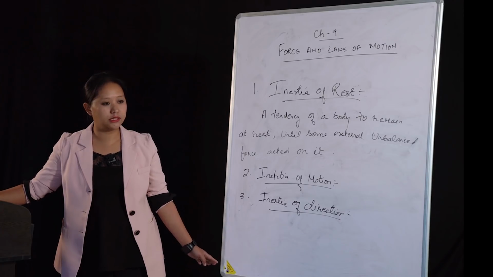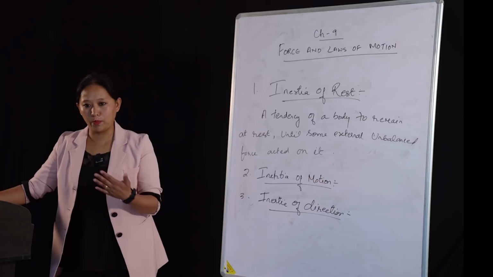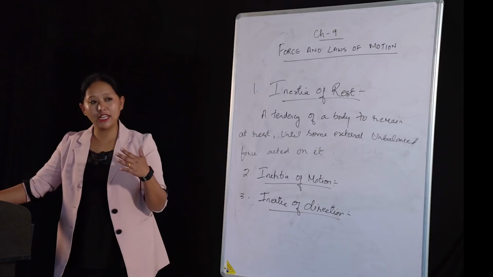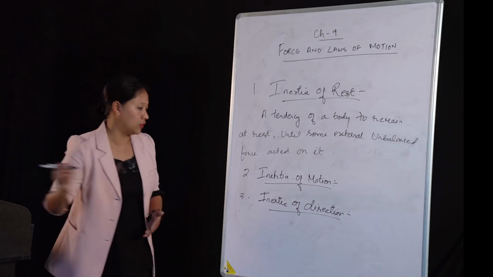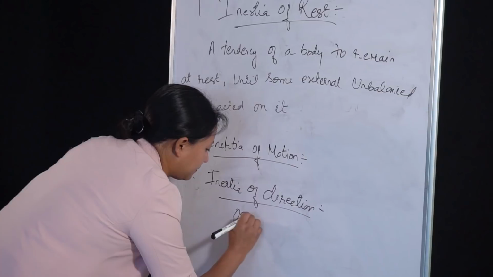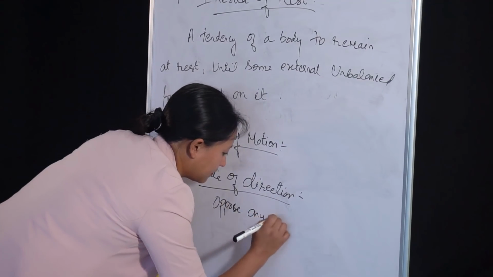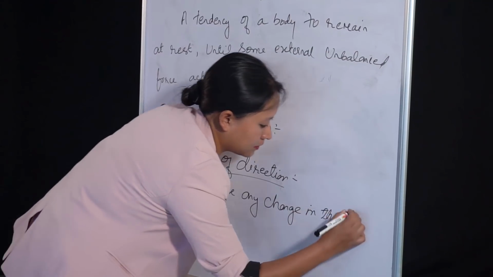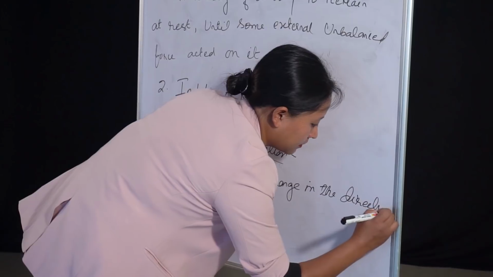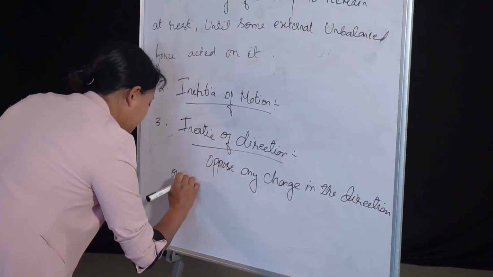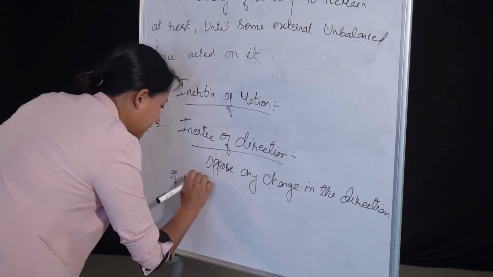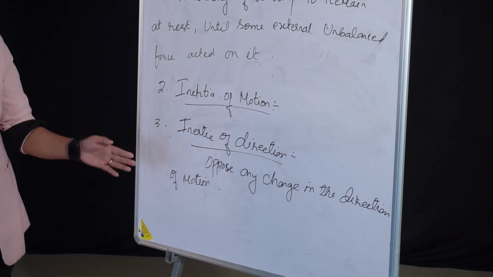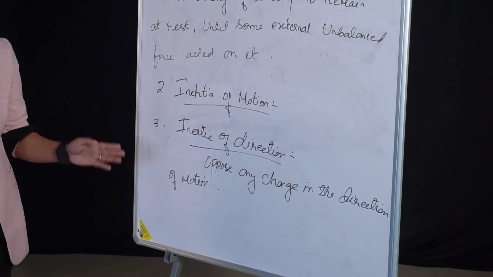Inertia of direction is the tendency of a body to oppose any change in the direction of motion. So here the term comes again: oppose.